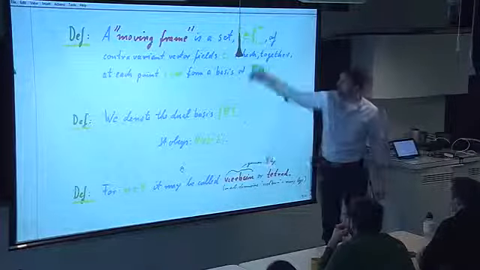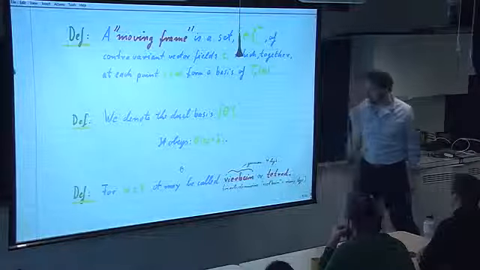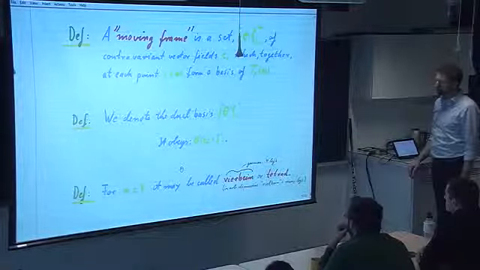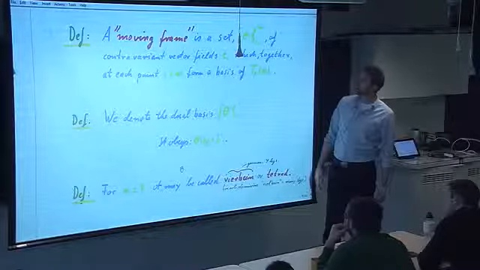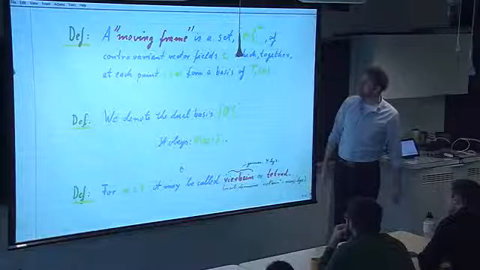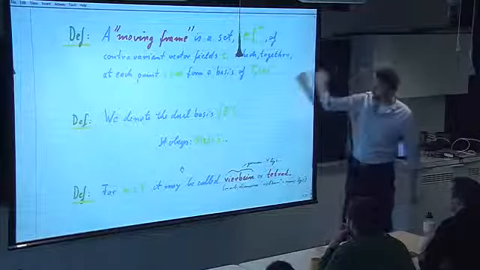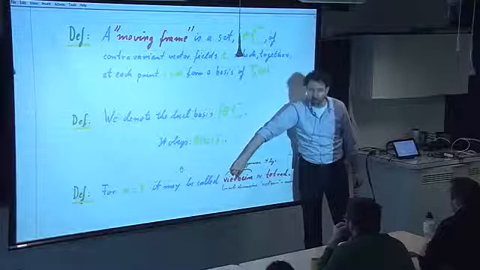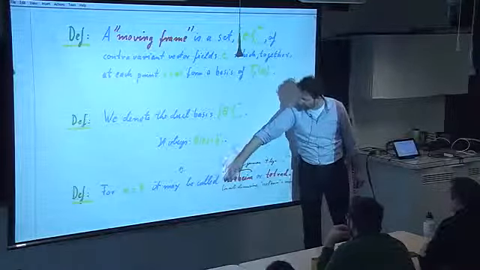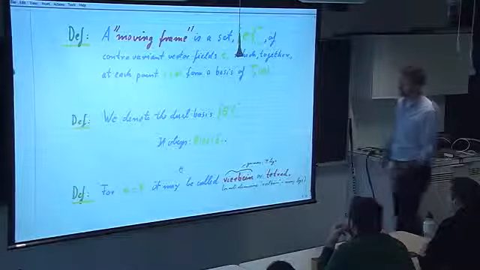Another term for that is tetrad, where I think that goes back to the Greek root. In more general dimensions other than 4, such a frame is also called a Vielbein instead of Vierbein. The only change is that the R goes into an L, and Viel means in German many. It just means many legs.